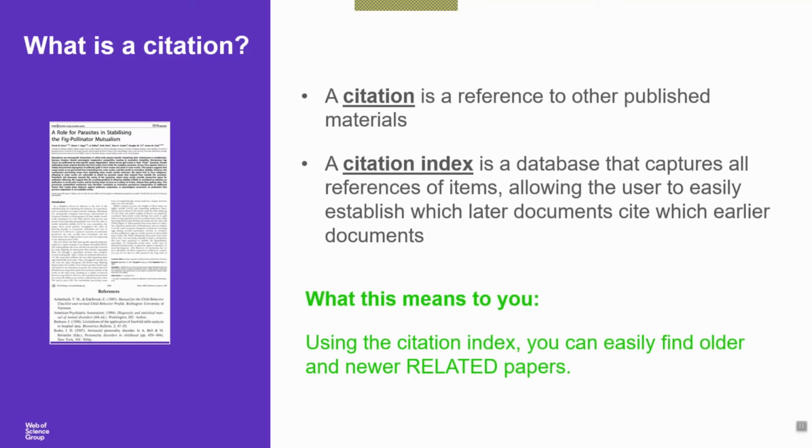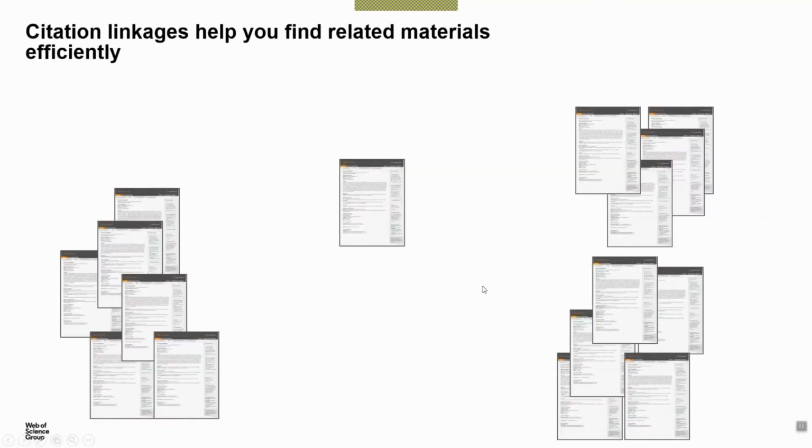So what is a citation in a database? In the next slide, I'm going to show you an illustration of what this database is. You remember our Eureka paper, the paper that sparked an idea for you. You have the Eureka paper in the middle, and it allows you to find the reference list, which takes you to the older papers.